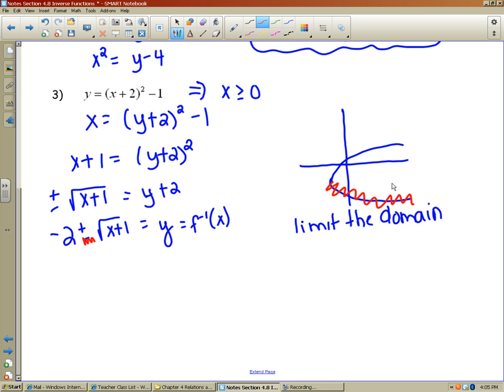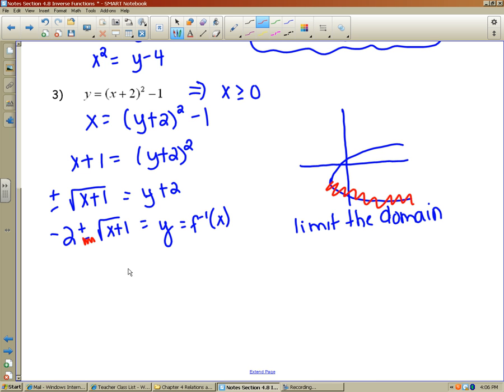At the moment, don't be overly concerned about the one-to-one part and restricting the domain. What's most important at this part is understanding how to find the inverse, switching the x and the y, and then solving for y. In class, we'll talk more about how we limit the domain, when that will come up as a question, and what we need to do with it. But I just wanted to show you that it can happen.